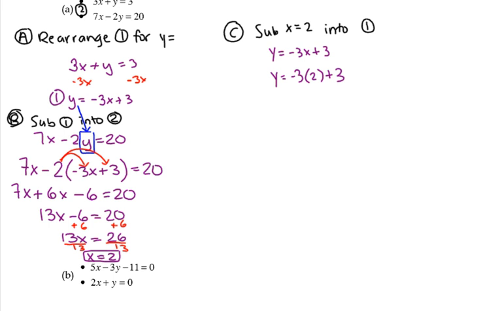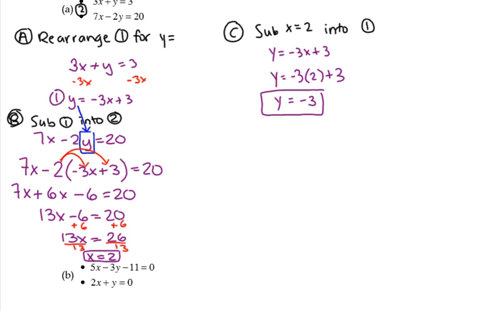That makes sense? No? In D, the check has to be the other one. So because I'm using 1, my check is going to be with 2. Okay? All right. Negative 3 times 2, negative 6 plus 3, negative 3.